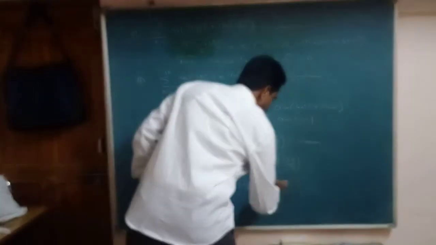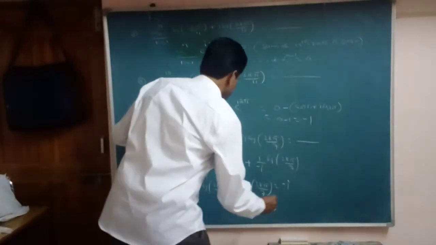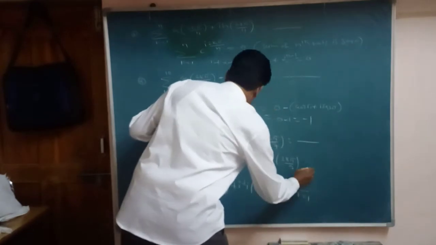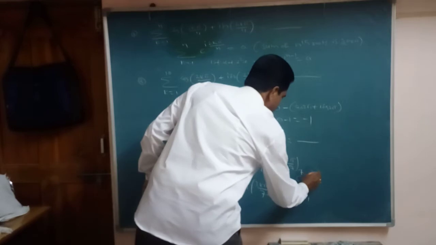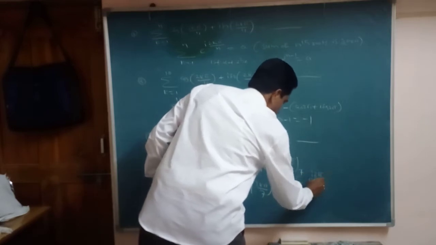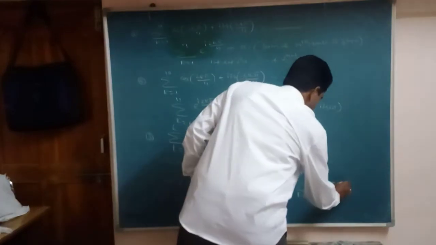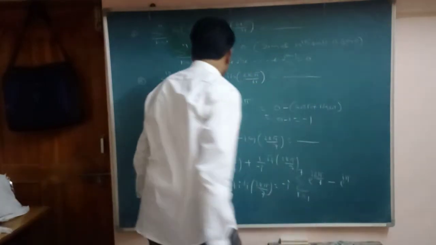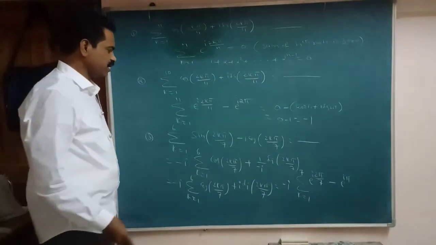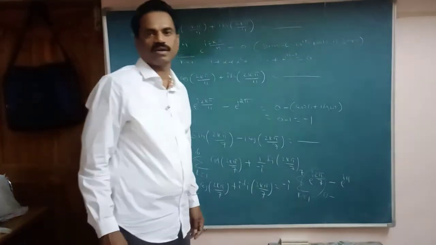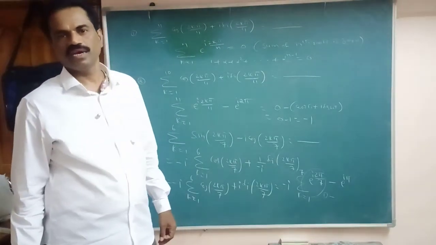That equals minus I into summation k equal to 1 to 7 e power I 2 pi by 7, minus the deleted term 1. So that is e power I pi. The summation value is 0, then 0 minus (cos pi plus I sin pi), that is cos 180 plus I sin 180.